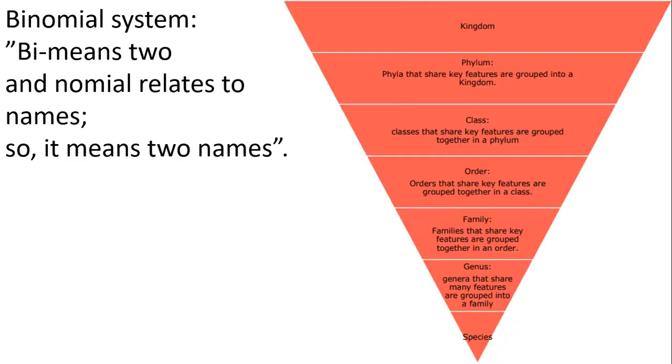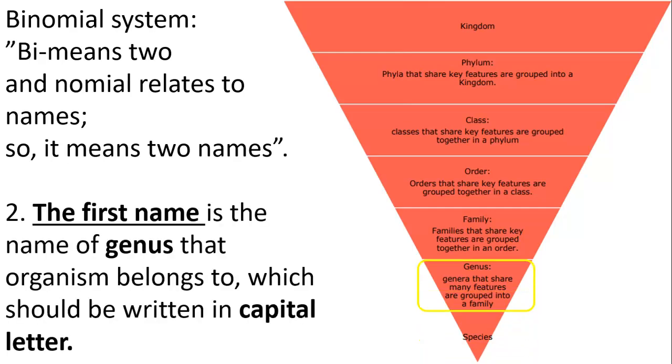Okay, now for scientists to give creatures scientific names, they use the binomial system. Bi means two in biology. So, binomial system means two names, like your first and second name. Any creature in biology has a first and a second name, specific to the genus and species.